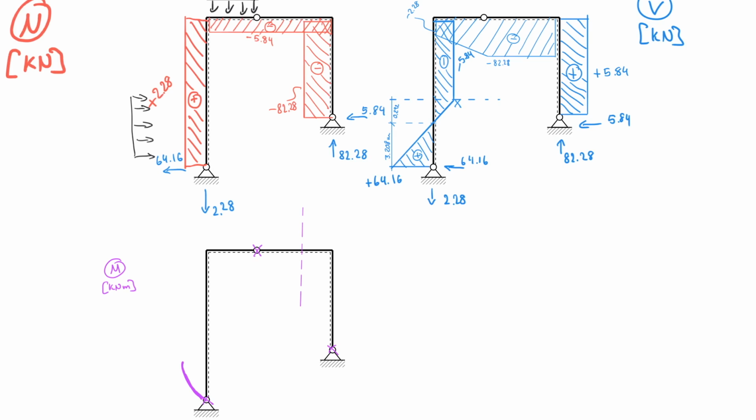So again, I started at 0. So it must go up, and then go down at some point. And here where I have the maximum, that distance would be 3.208 meters. We'll come back to that in a second.